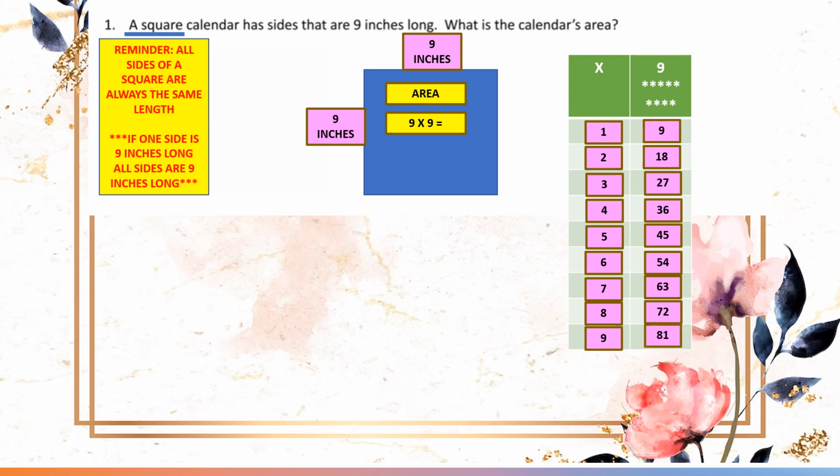And 9 times 9 is 81. So that means that the area of this calendar is 81.